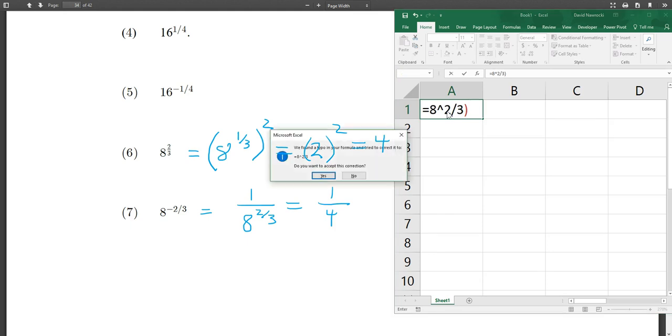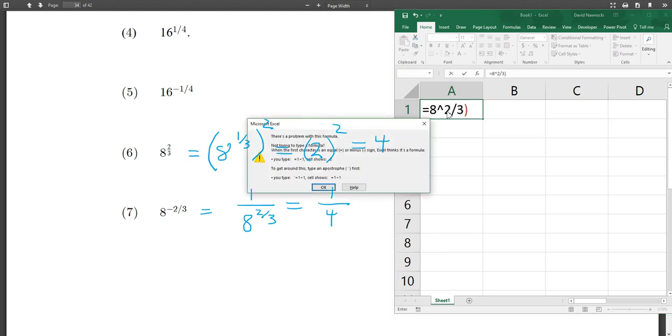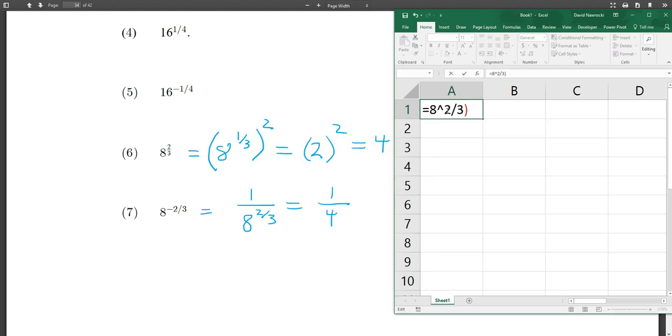Oops, I need parentheses. Need parentheses around that 2 right there. Okay, there we go. And we will get back 4. If we evaluate 8 raised to the negative 2/3, like that, we get back 1/4, 0.25.